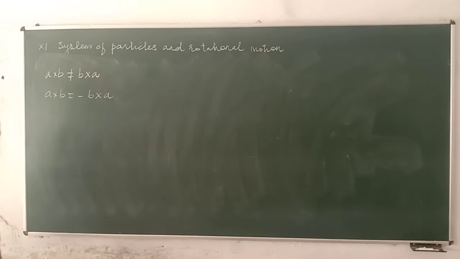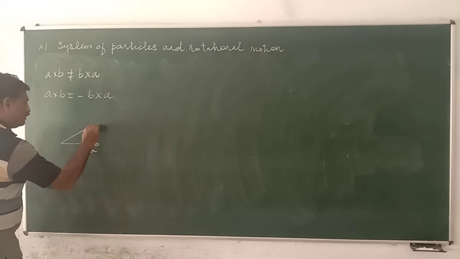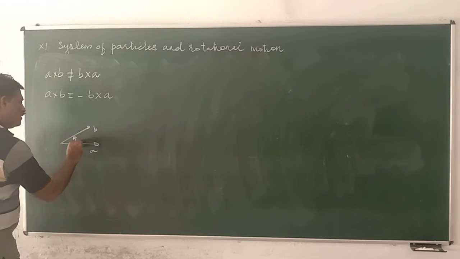What does it mean? This is the vector A, this is the vector B, rotated from here to here.